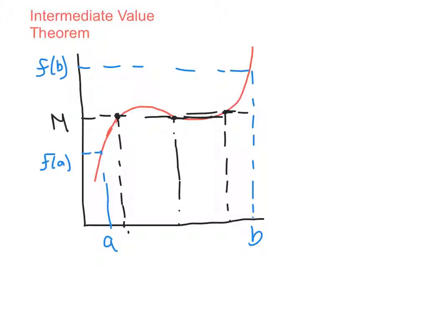Okay, it's at this point that we just introduced the intermediate value theorem. What this is saying is that on a closed interval, if you were to have some values of m that meet the graph at multiple places, all it means is there has to be values of c that are also within the interval of a and b.